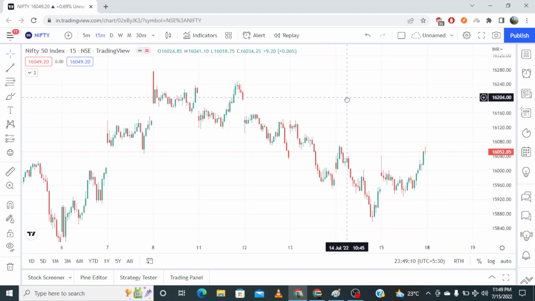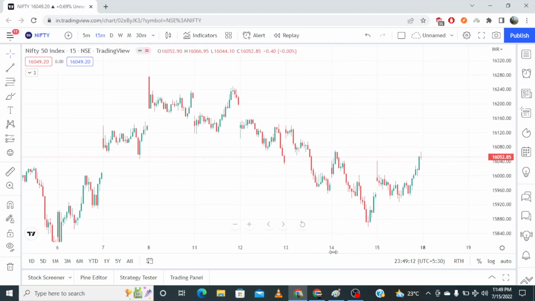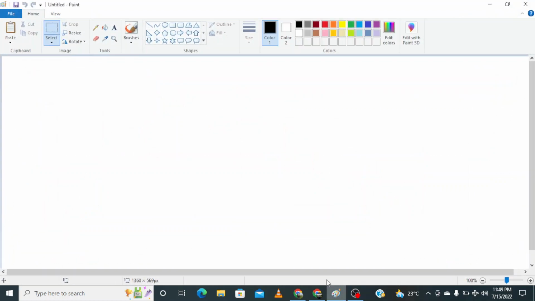Okay, so the basics are done now. We'll get to the second part, that is, what is a candlestick. So let's just start with this. Why am I not able to use this? I have not used Paint in a long time, so please excuse me.